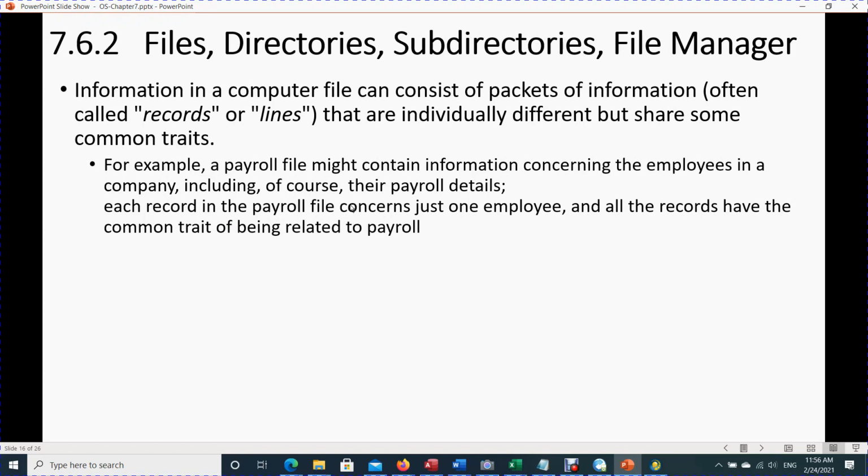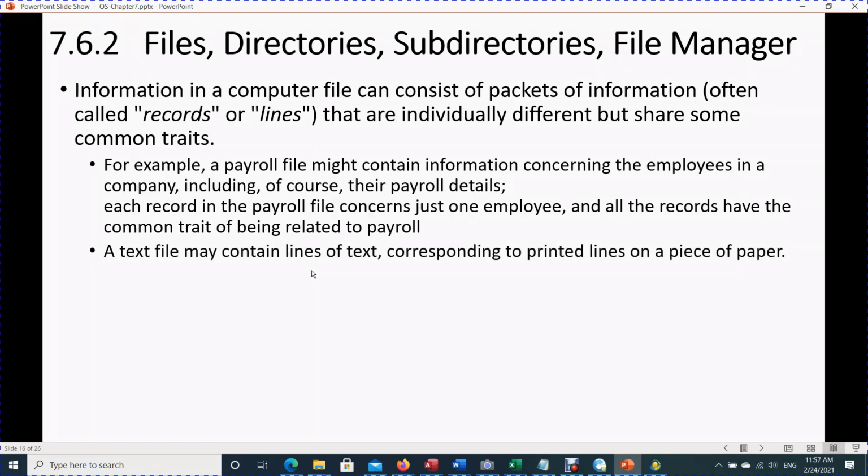But all of these records have a number of common traits related to payroll for that individual. A text file can be made up of a number of lines of text corresponding to how the line would be printed on paper.